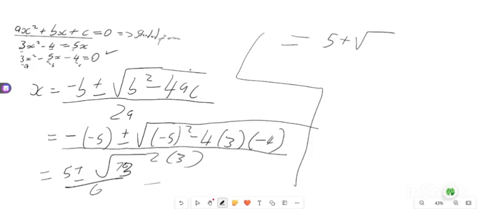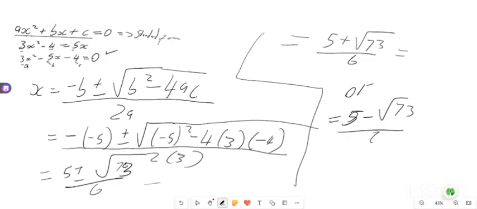So 73, divided by 6, or, since it is minus, 5 minus root 73 divided by 6.